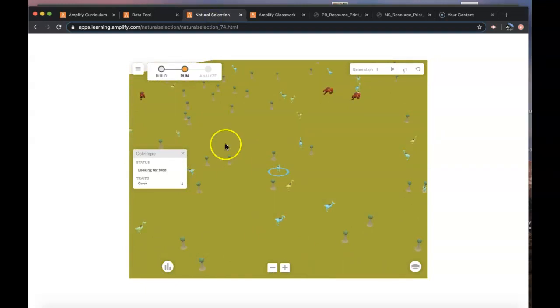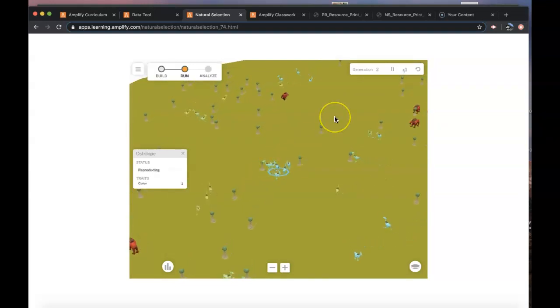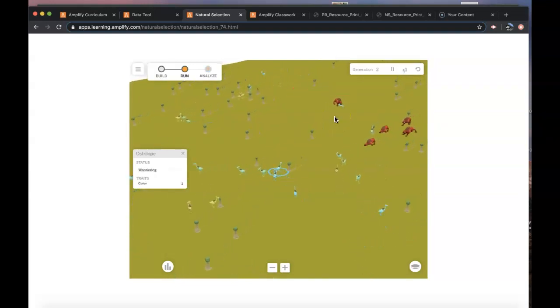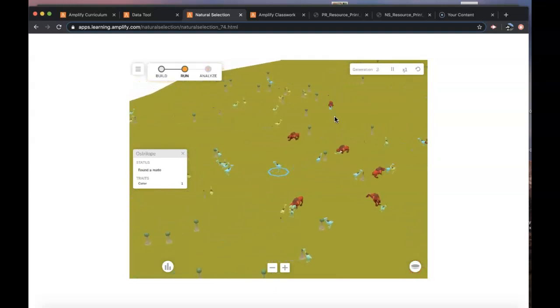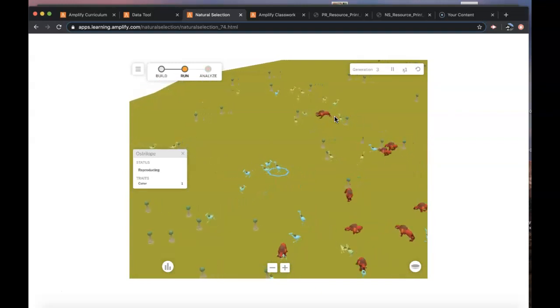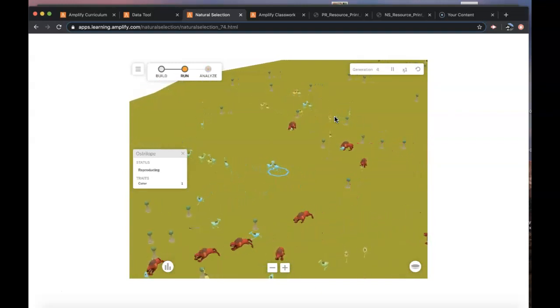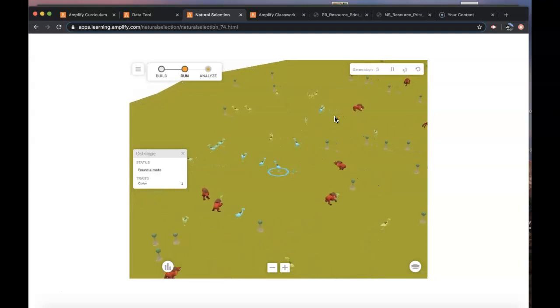So here's a blue one, so let's see if it reproduces and how many times. It reproduces, and I keep running it, it's reproducing. I can't tell if that was once or twice. So definitely at least twice, and then I think that's 3 times, and 4 times, same ones.